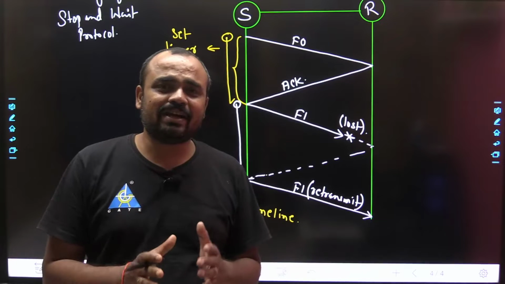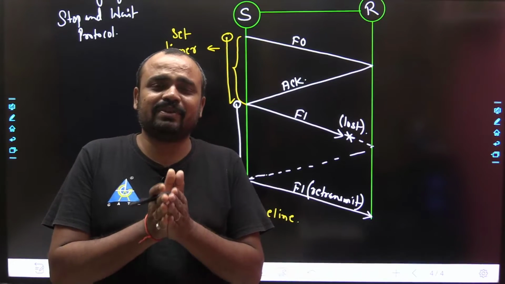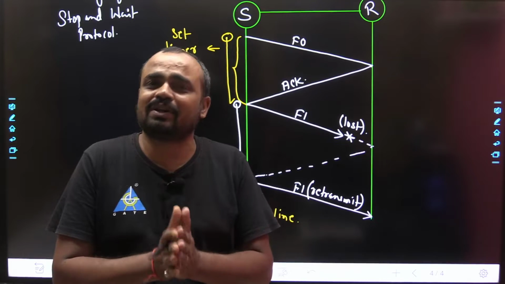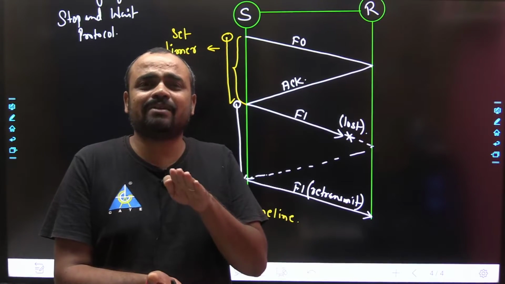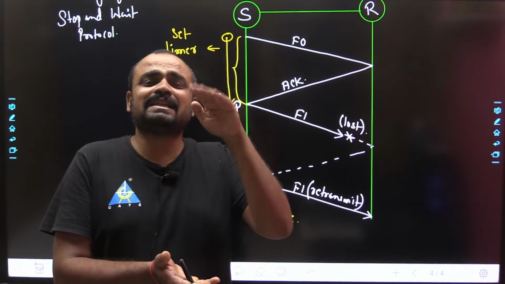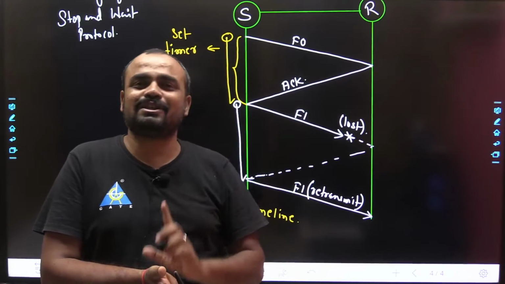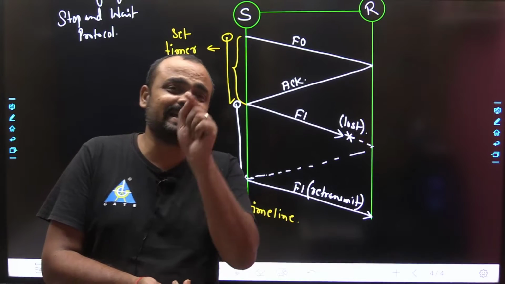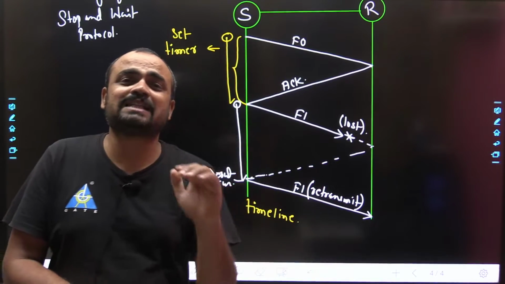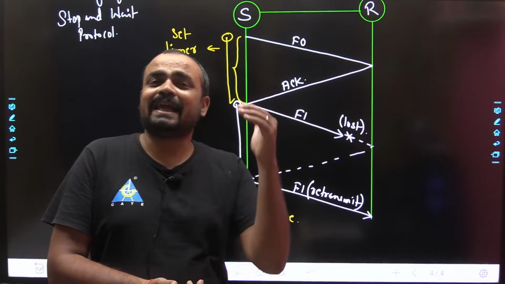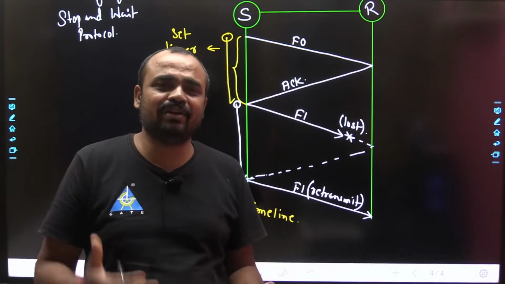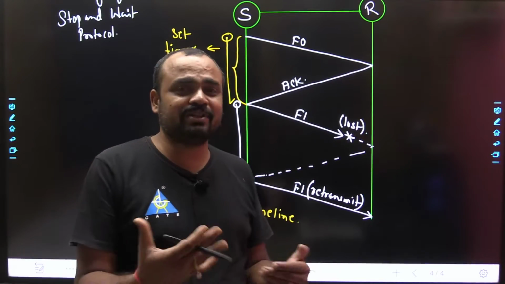To verify whether within this time we are getting the acknowledgement or not, because this is the maximum time up to which the sender can expect the acknowledgement. If the acknowledgement is not coming, it simply means either the frame or the acknowledgement has been lost. In any situation, the sender will simply retransmit the same frame.